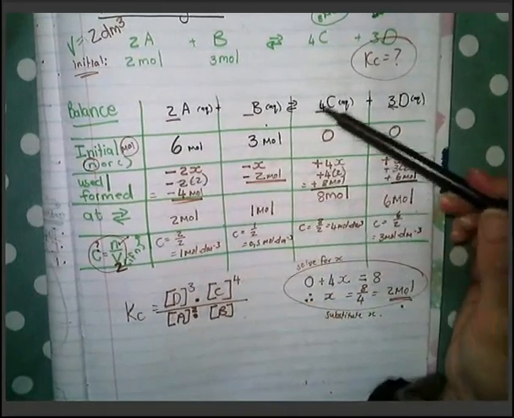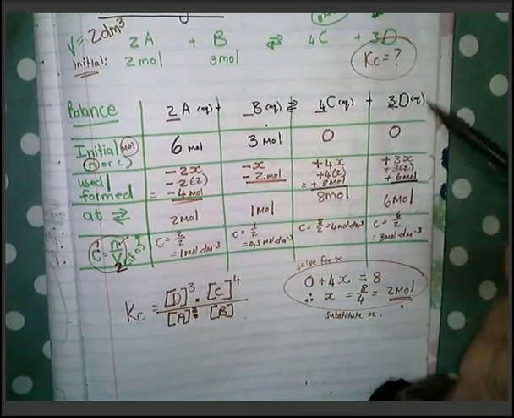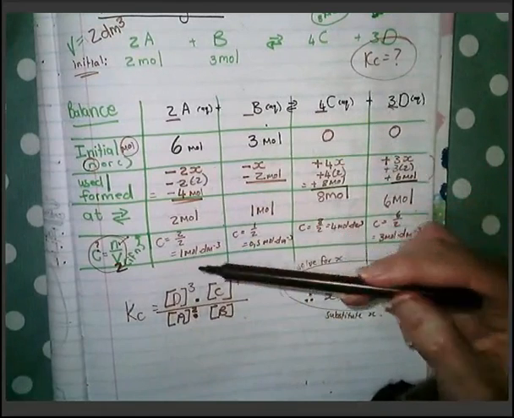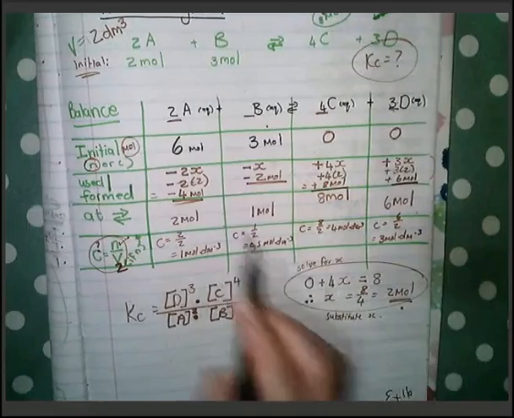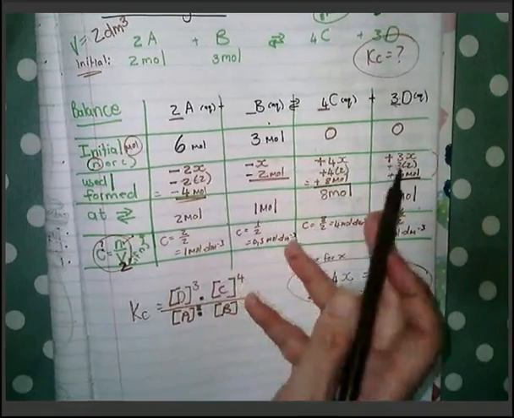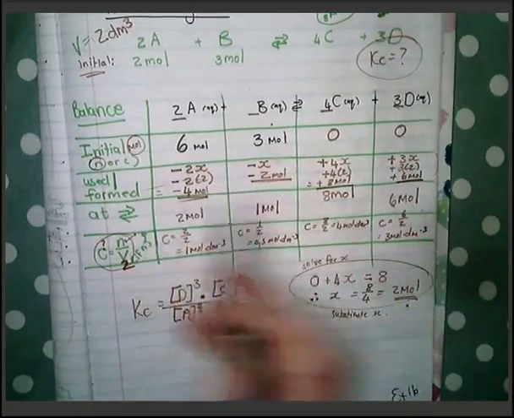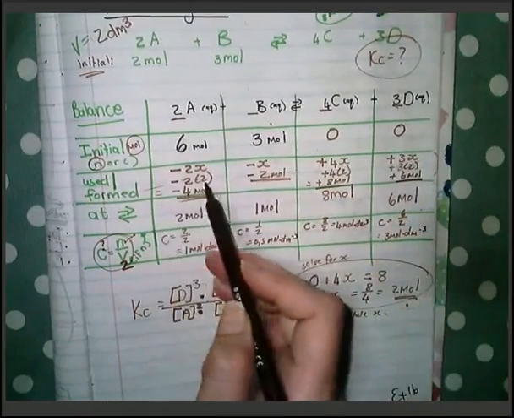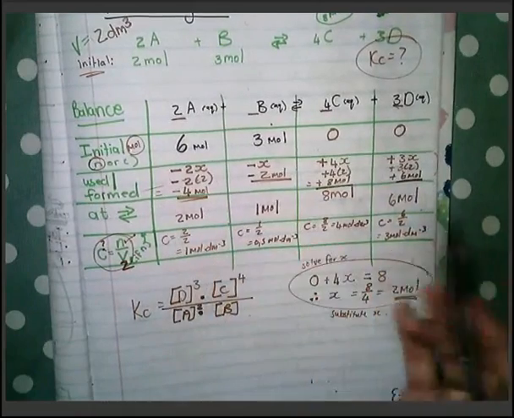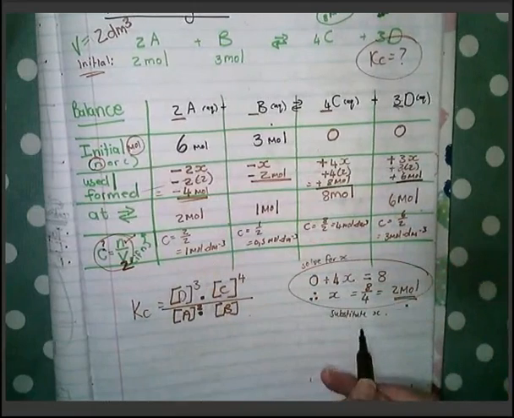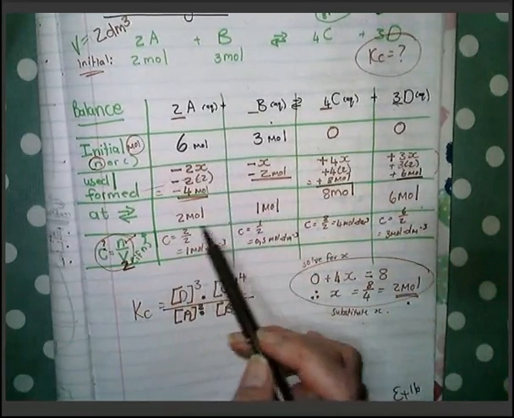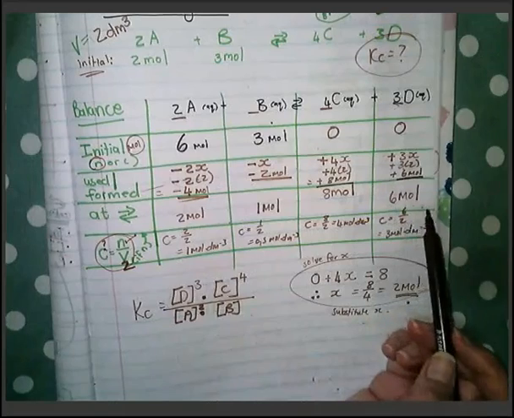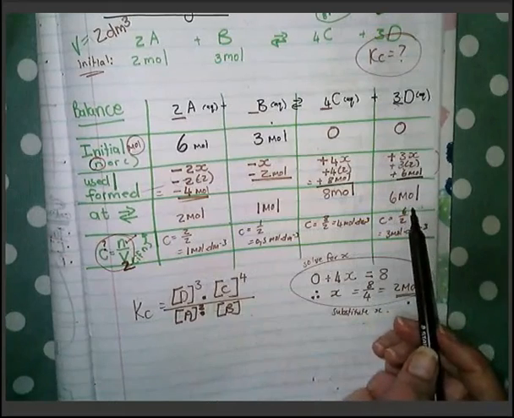Then you look for one of these where you have 3 pieces of information, and you use that to solve x, and in all of the used or formed blocks, you now substitute the x. That would give you enough information to get the moles at equilibrium.